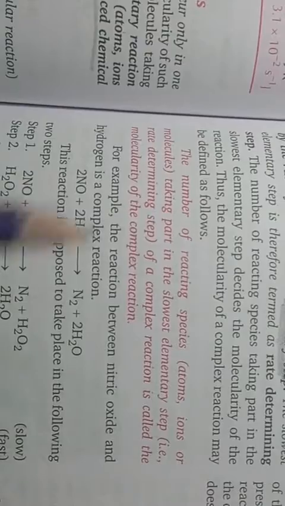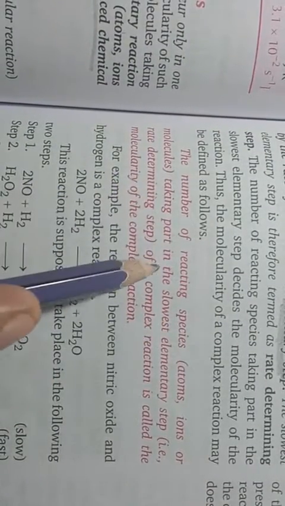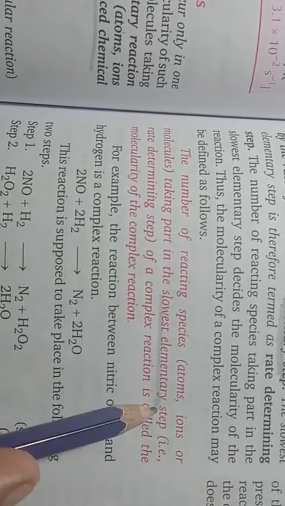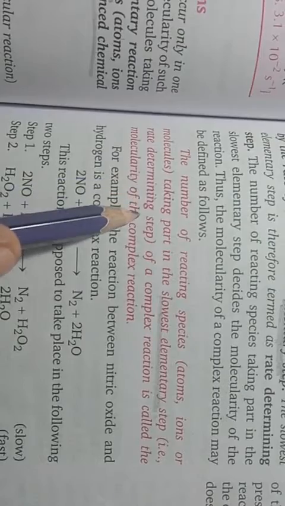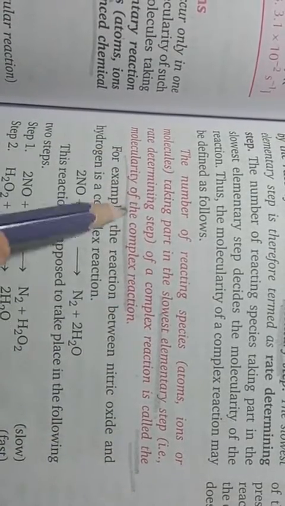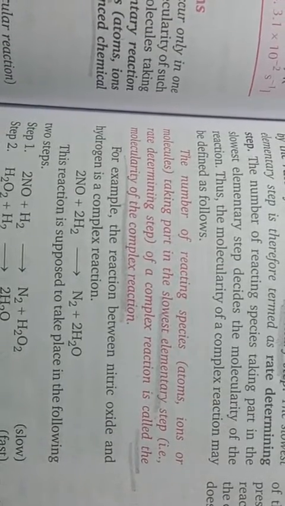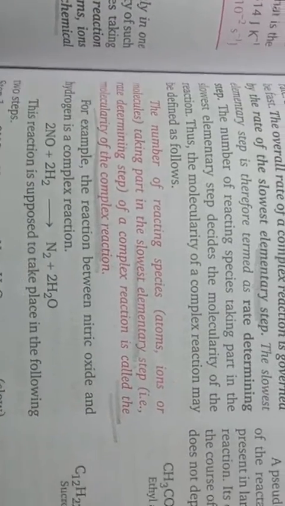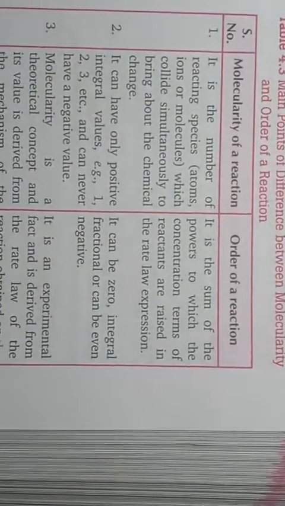So the number of reacting species taking part in the slowest step, which is also known as the rate determining step of a complex reaction, is called the molecularity of the complex reaction. Okay students, molecularity of the complex reaction: the number of reactant molecules present in the rate determining step is known as molecularity of the reaction.